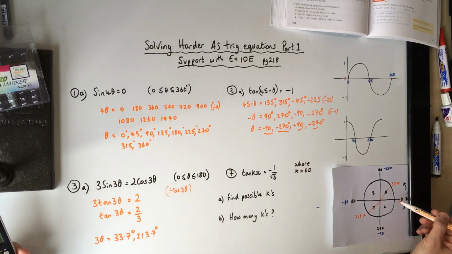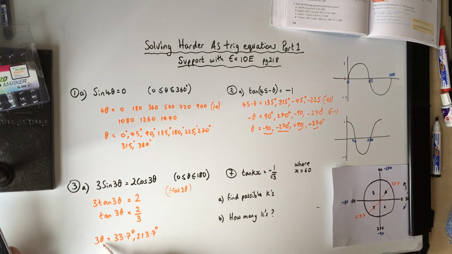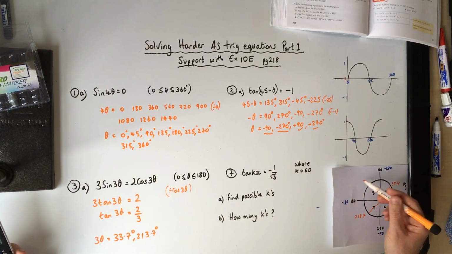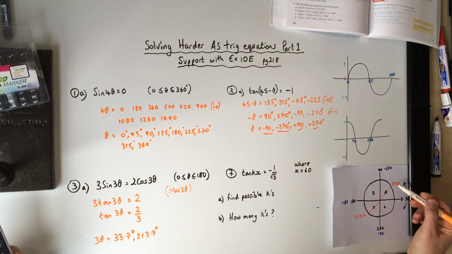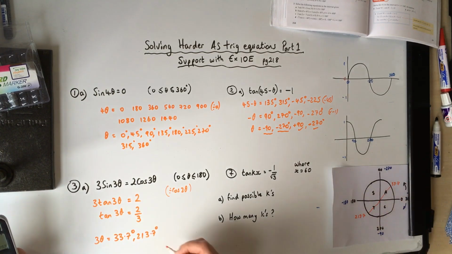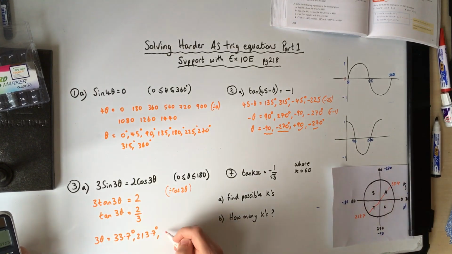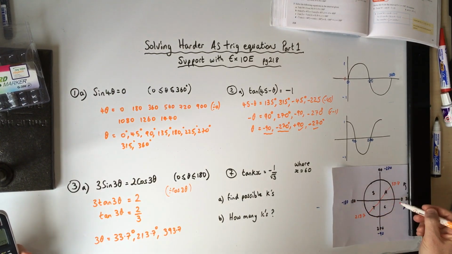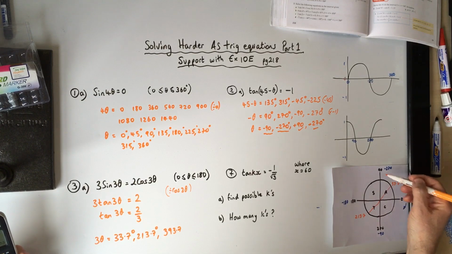But what you want to do is keep going round. We want to do it 3 waves. So I'm going to go round again. I'm going to go 360 plus 33.7, so that's 393.7. That's my 360 plus another 33.7. And then I'm going to go again.